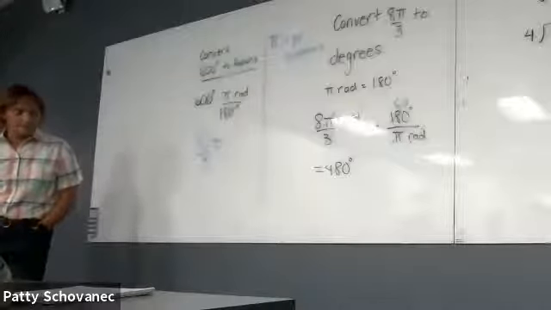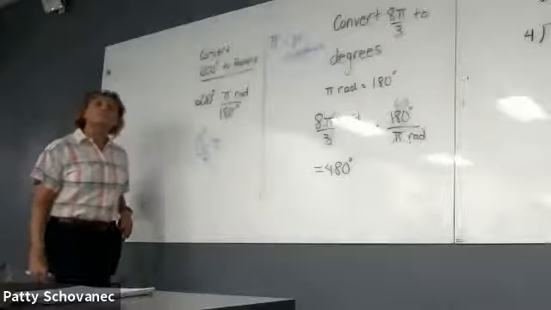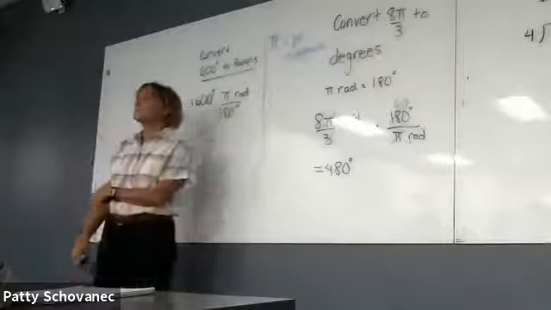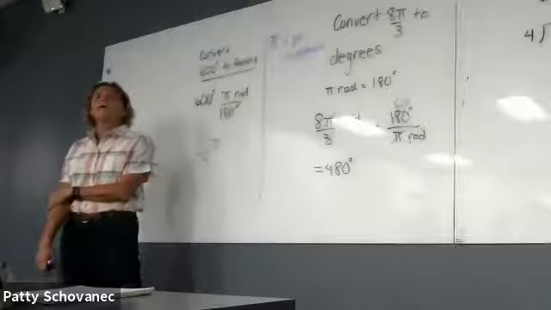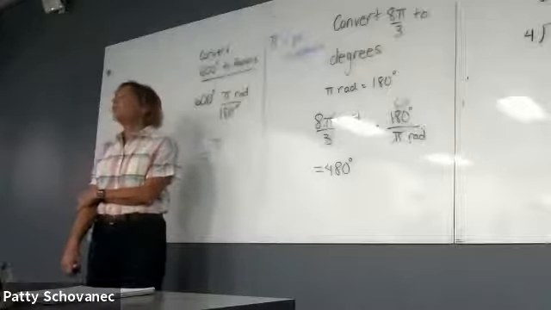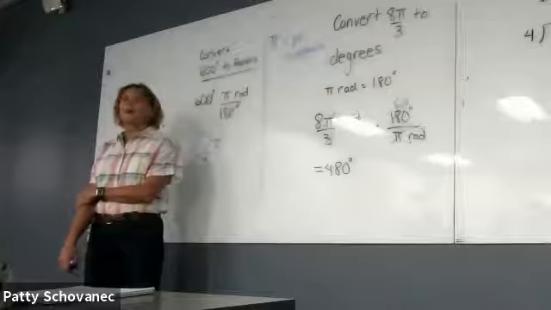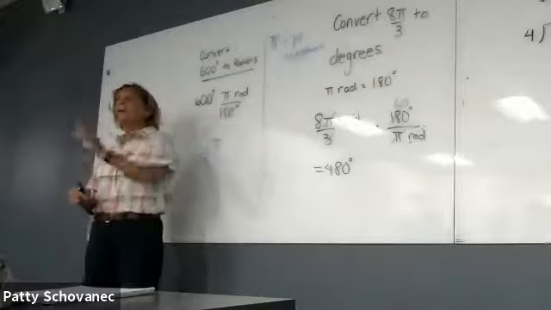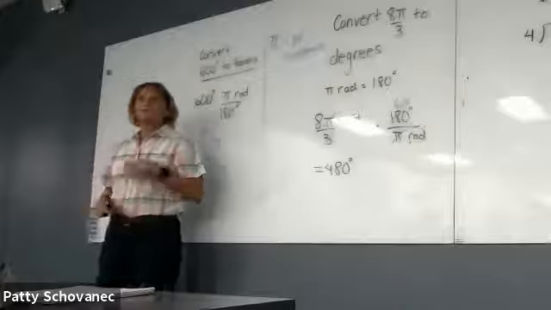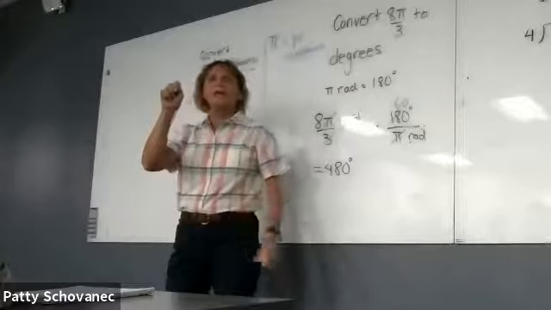Okay. So I'm going to ask a couple of things from you. What is the circumference of a circle if you know its radius? 2 pi r. What is the area of a circle if you know its radius? Pi r squared. So I'm just going to look for part of the circumference and part of the area of a circle. So I'm going to take a whole circle and I'm going to form a central angle.